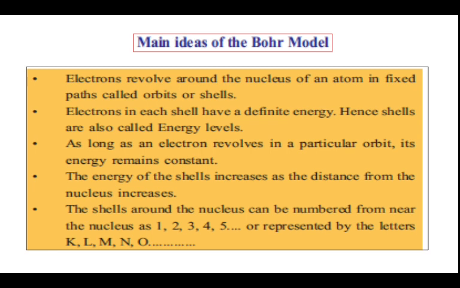As long as an electron revolves in a particular orbit, its energy remains constant. 4. The energy of the shells increases as the distance from the nucleus increases. 5. The shells around the nucleus can be numbered from near the nucleus as 1, 2, 3, 4, 5, etc. or represented by the letters K, L, M, N, O, etc.